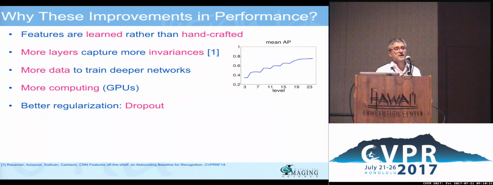And so one of them is that there is a different regularization strategy that is used. So back in the old times, for SVMs, for instance, we would regularize an SVM with the sum of the square of the weights. And so we would solve a loss plus regularization style problem. With dropout, instead, what you do is that you randomly select half of the weights and you don't update them.